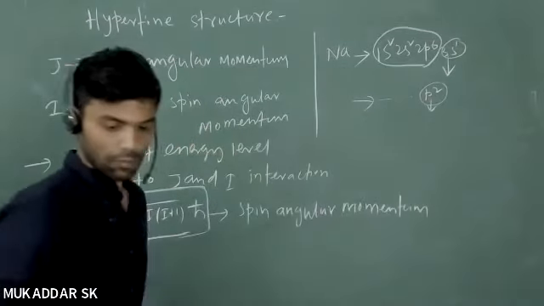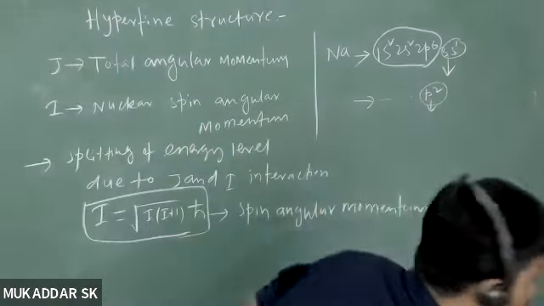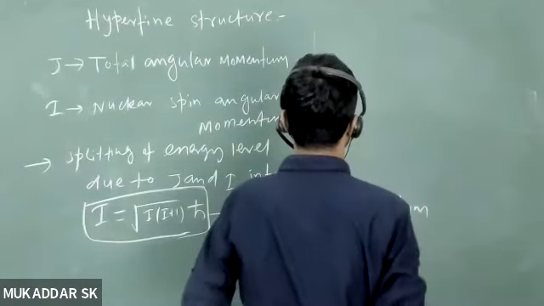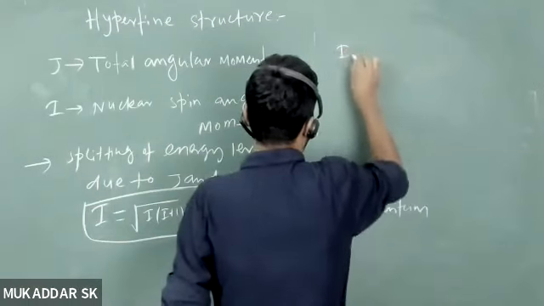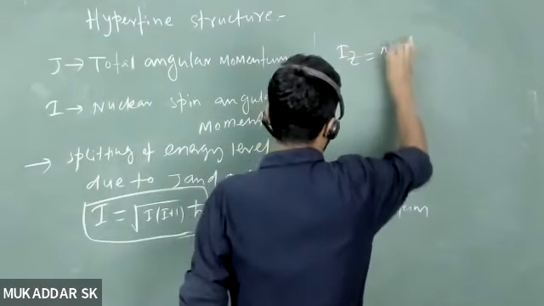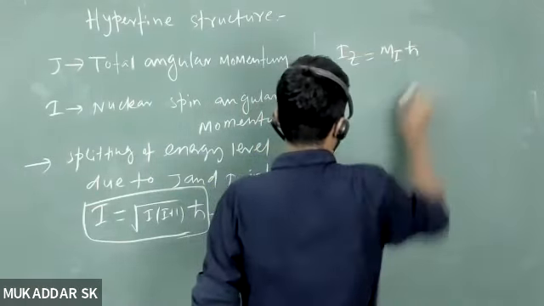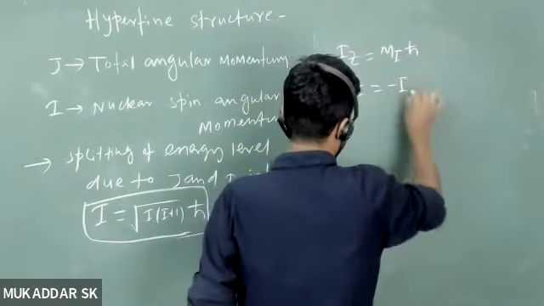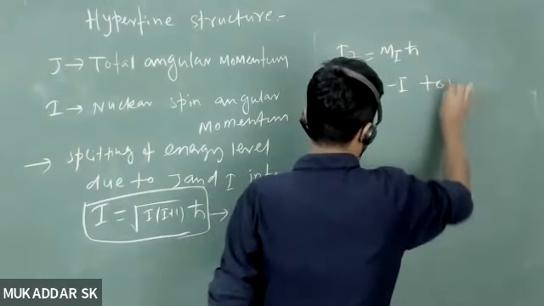And its Z component, Iz, will be Mi H cross, where Mi can be from minus I to plus I.